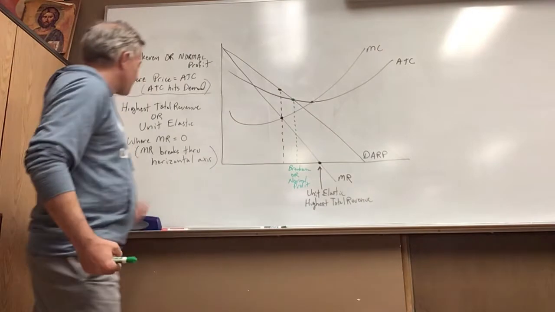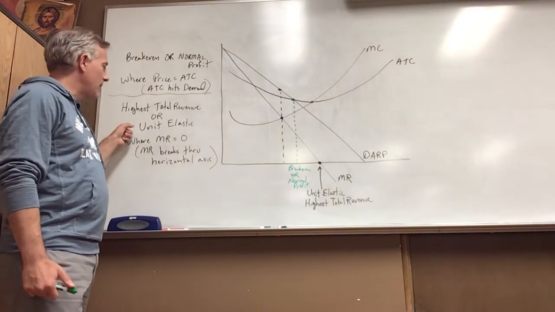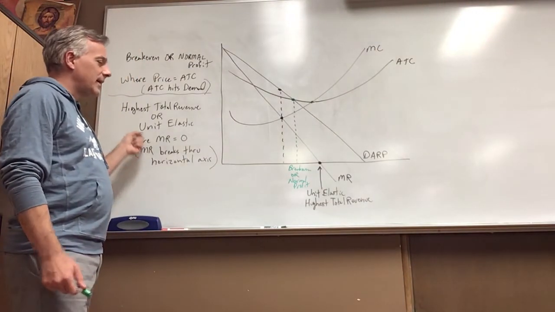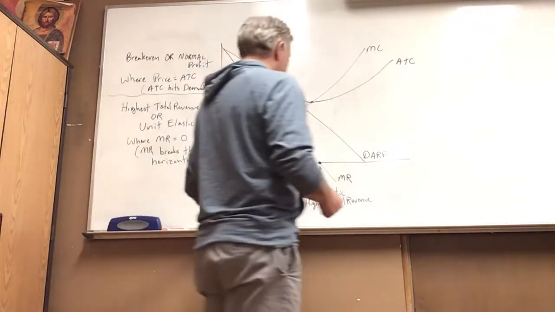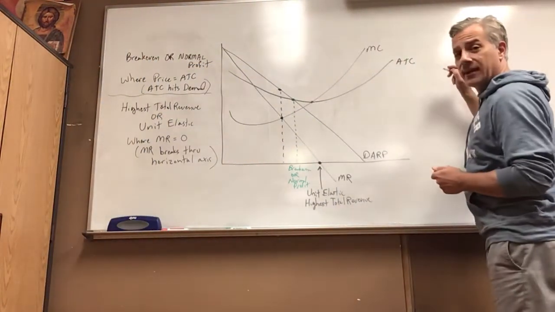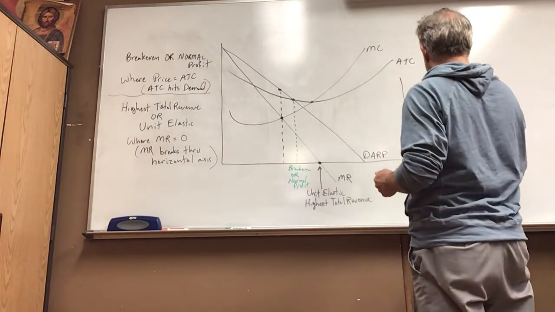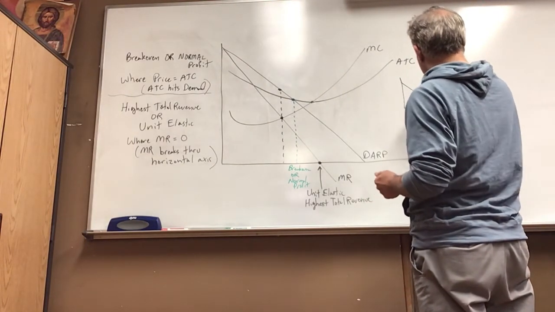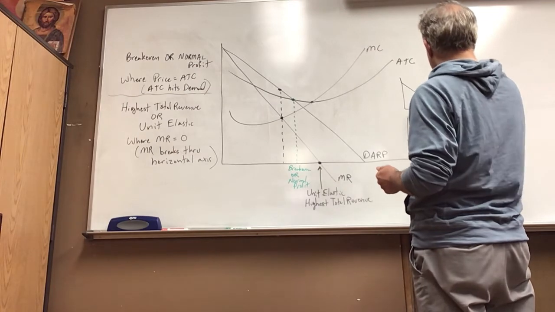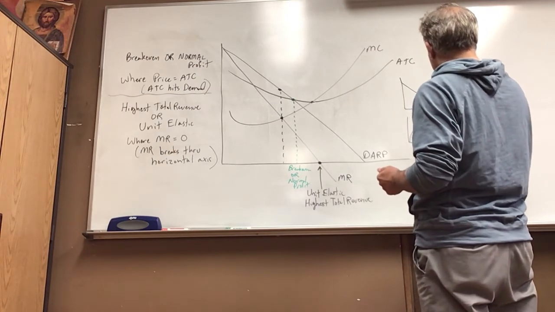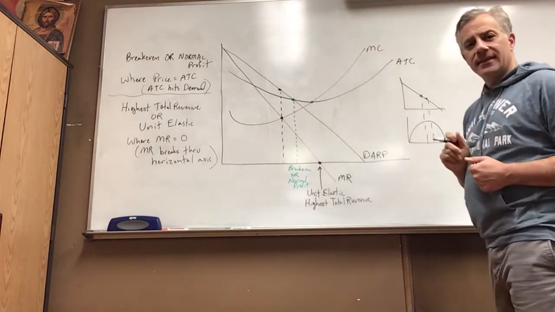All right, and then highest total revenue or unit elastic, you may remember this graph over here, where we had the stacked graphs, right? We had the demand curve, and then we did this with the total revenue, and then right here was the unit elastic.